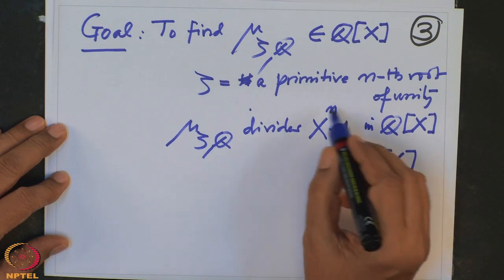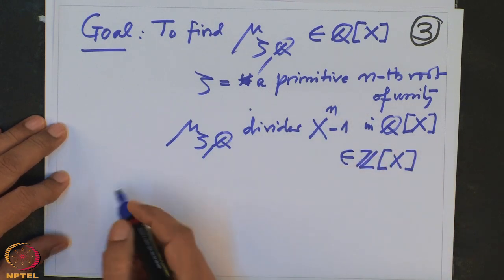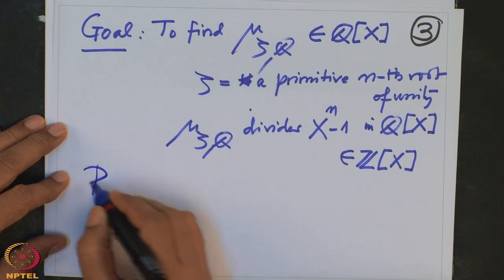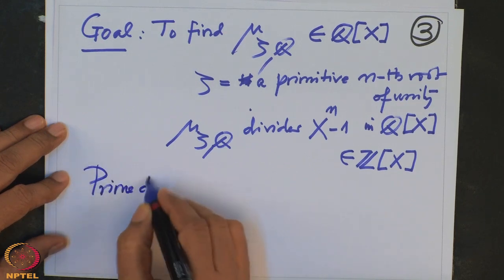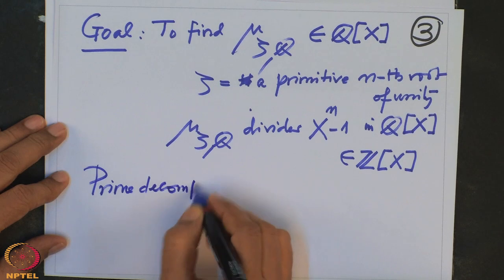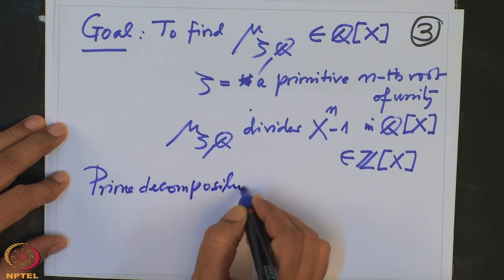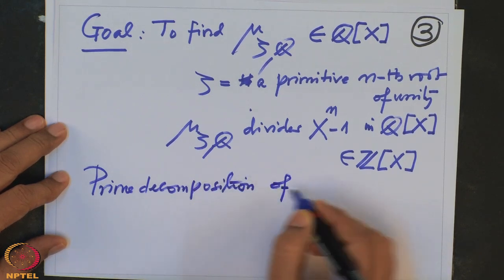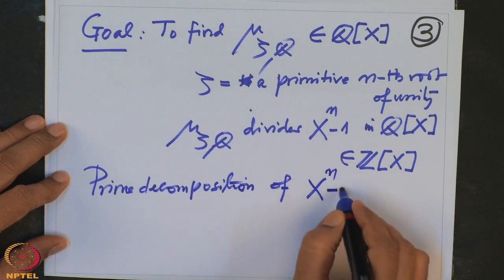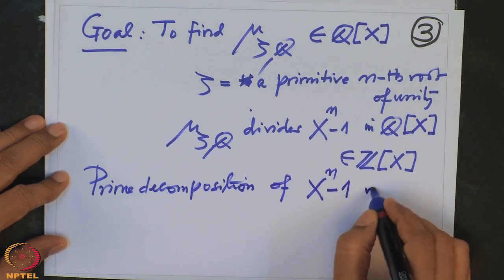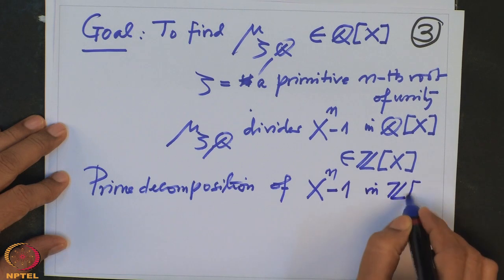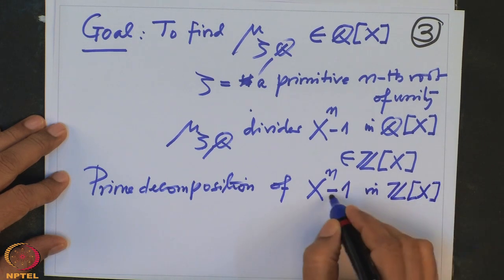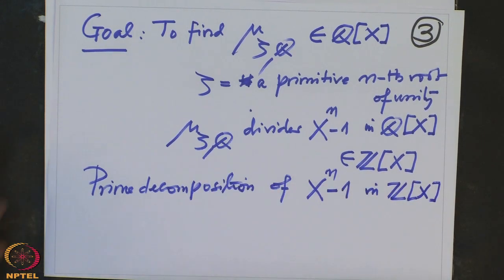So we are interested in the prime decomposition of x^n minus 1 in Z[x], and one of the prime factors must be this. All right, so how do we find that?